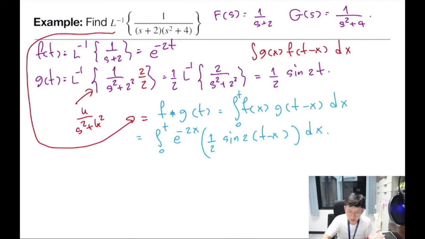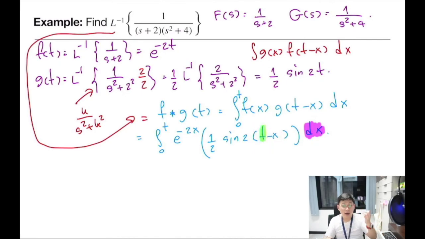Okay, guys, if you look here, you integrate with respect to x, so you can pull t out, right? But as you can see here, you have t inside, it's sine of 2(t minus x). So if you want to pull t out, you need to use the sine 2 theta formula first, that will be 2 sine theta cos theta.